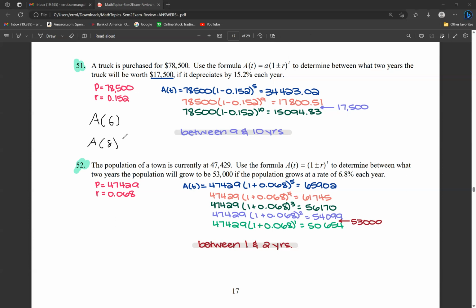Okay. Similar idea for 52. It's the exact same formula. So look, she skipped straight to A5 again. At A5, it's 65,000. But the question is, when is it between 53,000? So it's between 1 and 2 years.